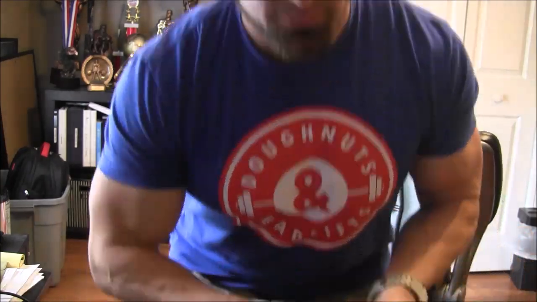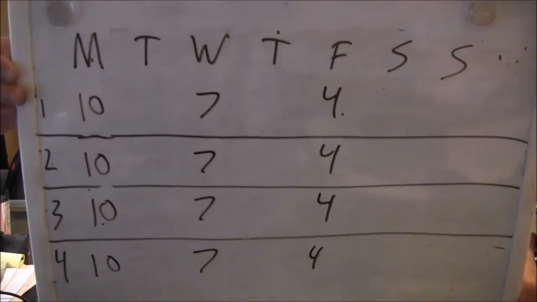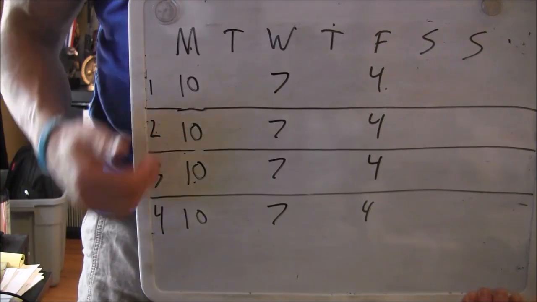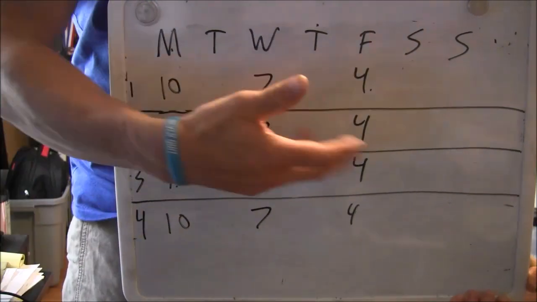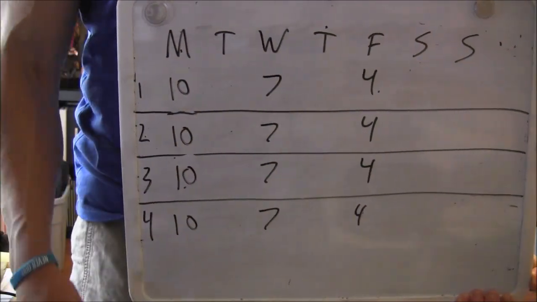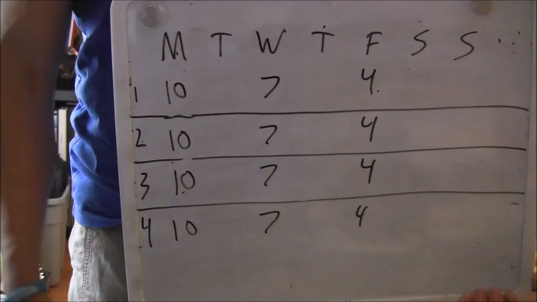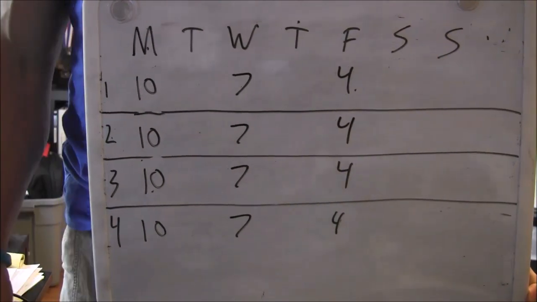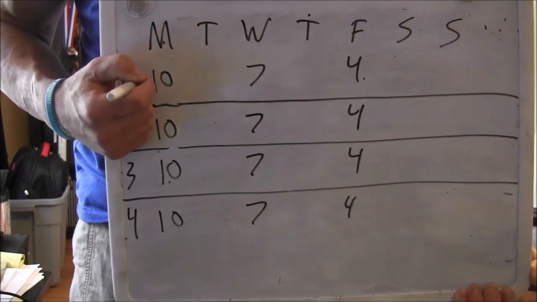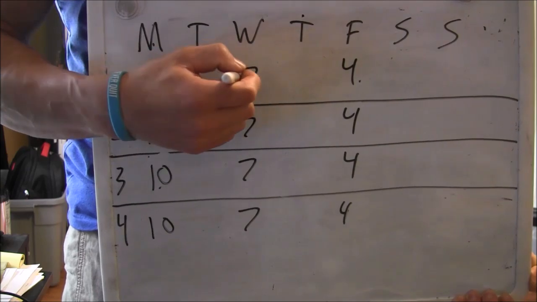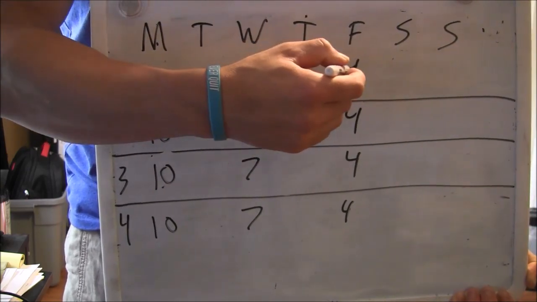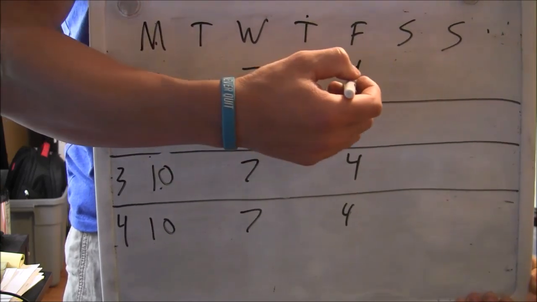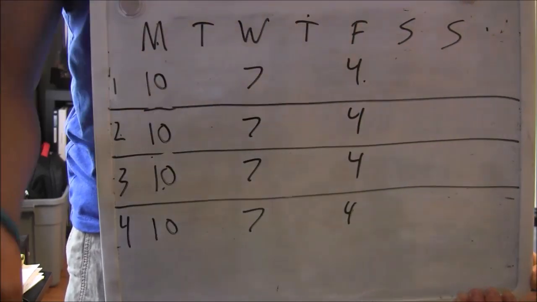So this might be an example of undulating rep schemes. Each week you're doing squats 3 times a week, 10-7-4, or 8-6-4, or 6-4-2, or however you want to do it, right? And so a lot of times what we do is this would be like 3 sets of 10, 5 sets of 7, and 7 sets of 4.